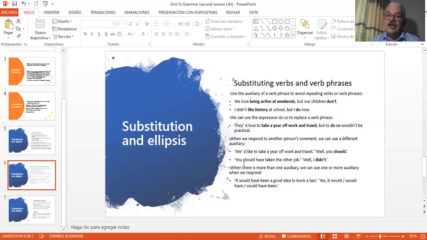Or you could also say, you should have taken the other job, as a suggestion. And the other person would say, well, I didn't. Notice that in this case, it's something that happened in the past, and this was the suggestion, a suggestion about an action that you did in the past.